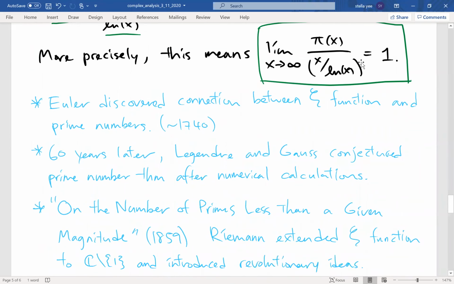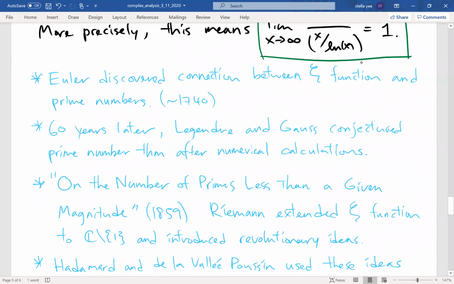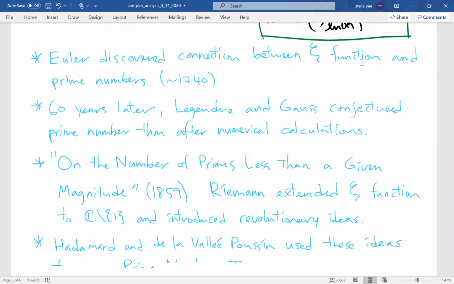In 1859, Riemann published On the Number of Primes Less Than a Given Magnitude. This is a very famous paper that's been cited many, many times. He extended the zeta function to all of the complex plane except for s equals 1, and introduced these revolutionary ideas that people are still trying to understand. Okay.